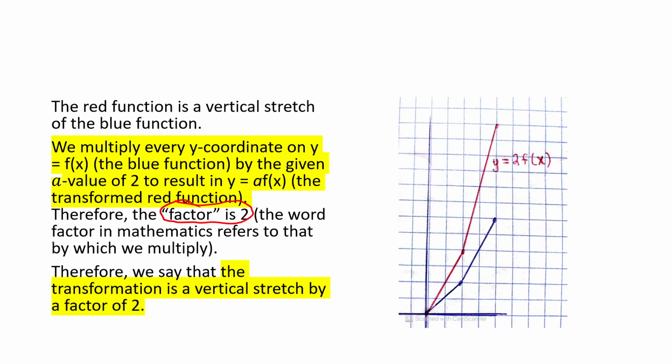The word factor in mathematics refers to that by which we multiply. So we say that the transformation is a vertical stretch by a factor of 2 because we multiplied every y coordinate, the vertical coordinate, by 2. Vertical stretch by a factor, multiply, of 2.